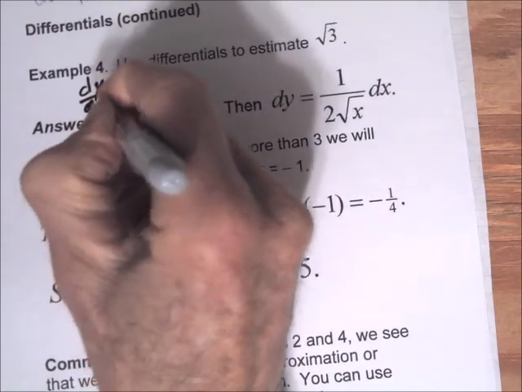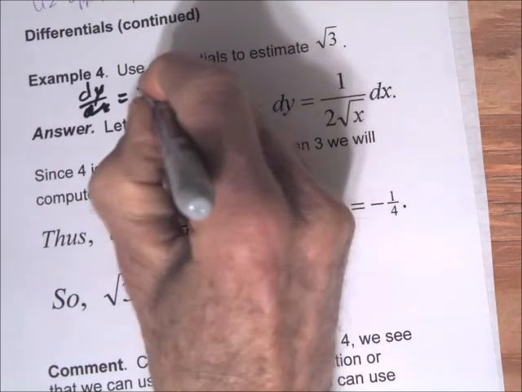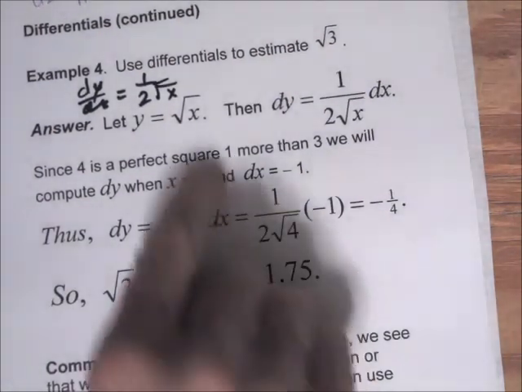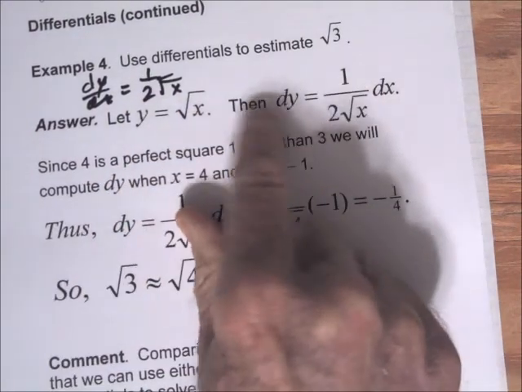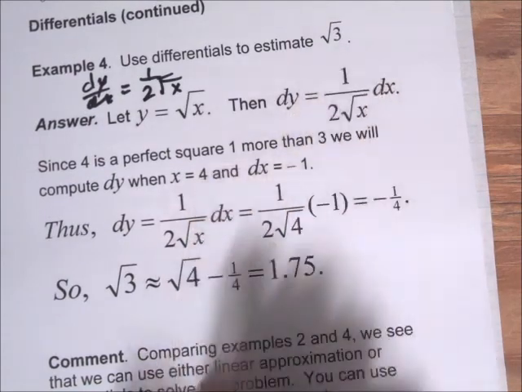We did that previously. And then again, we want to separate the dy and dx, so we can write dy equals 1 over 2 root x dx.